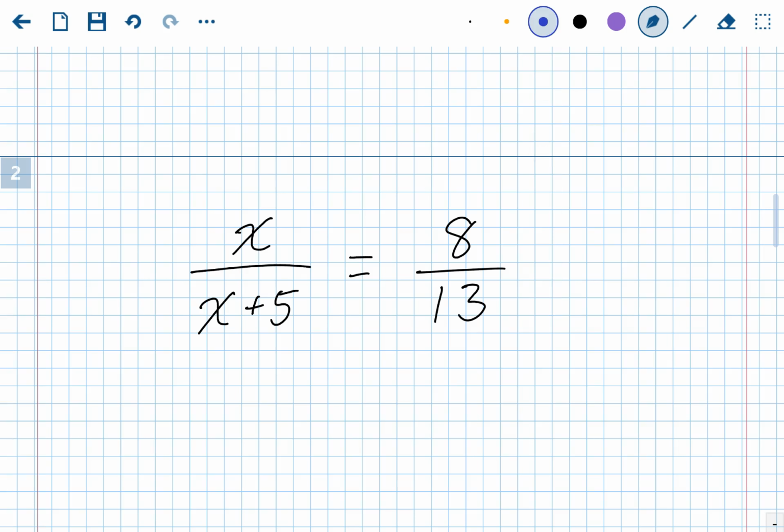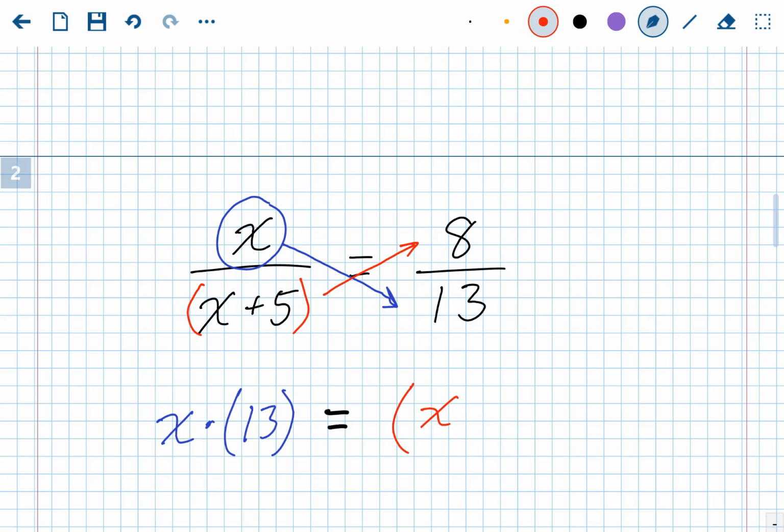We're going to take the top of x and multiply it by the bottom. So that's going to be x times 13 equals the bottom. Remember, the bottom is grouped together. The entire bottom, x plus 5, times the top, 8.